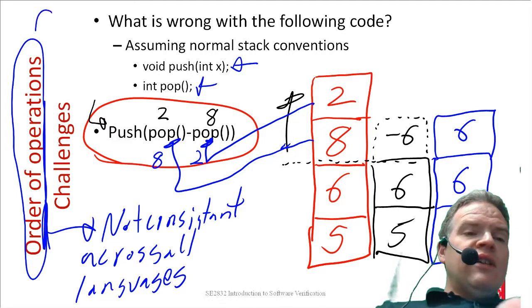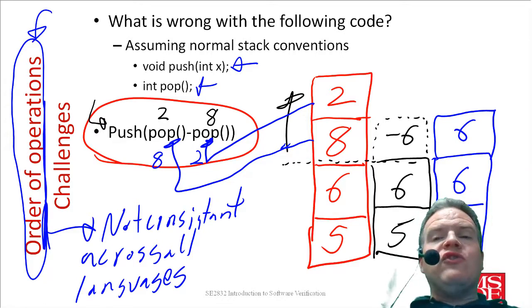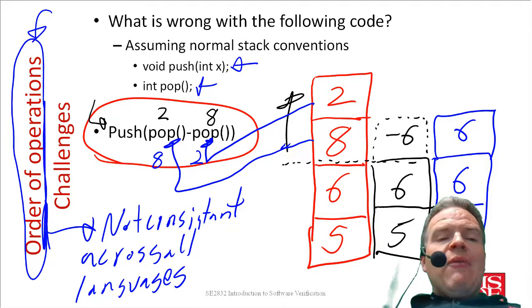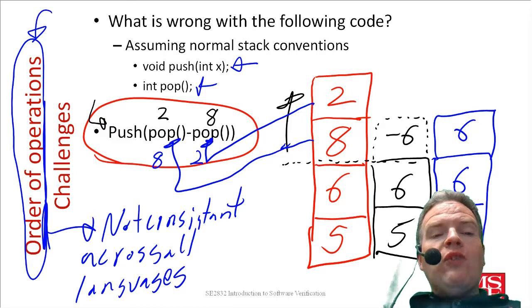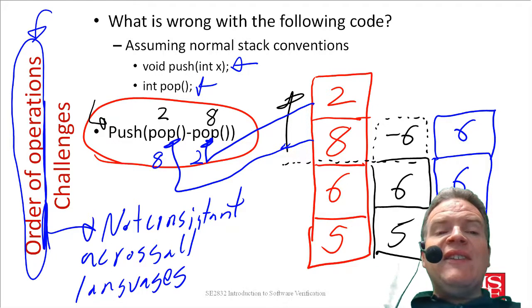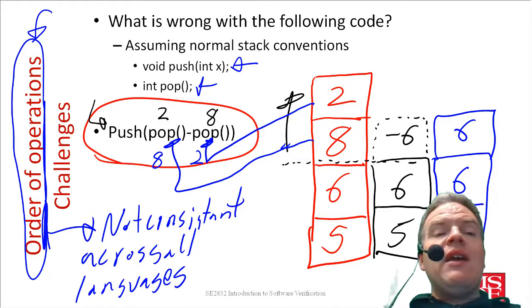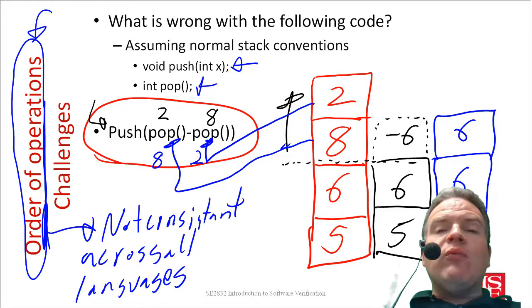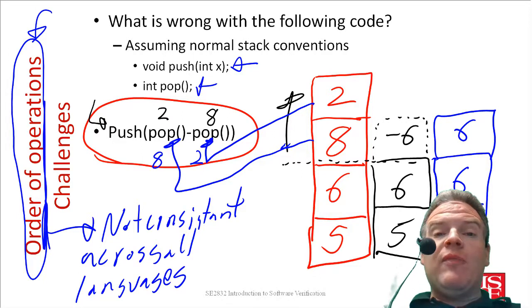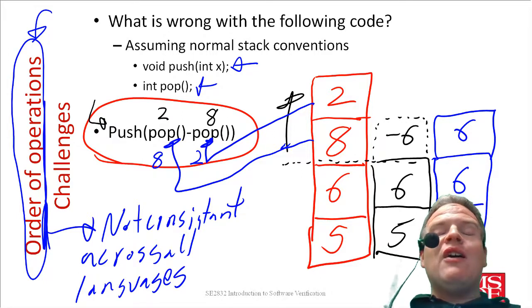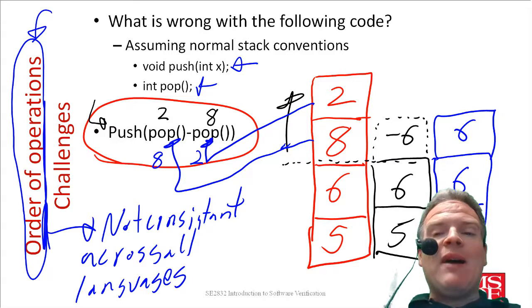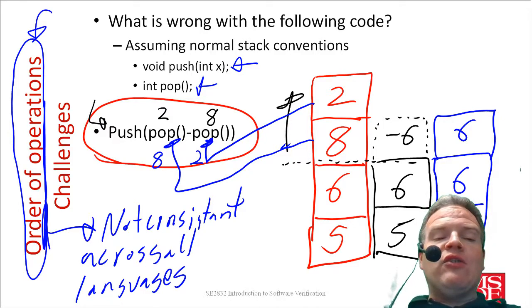This is an order of operations challenge. Now, a language such as Java always works left to right. But a language such as C or C++ may do this type of code differently depending on a concept called sequence points. And sequence points are things that the compiler may optimize based on what it's trying to do, resulting in these two different types of values.